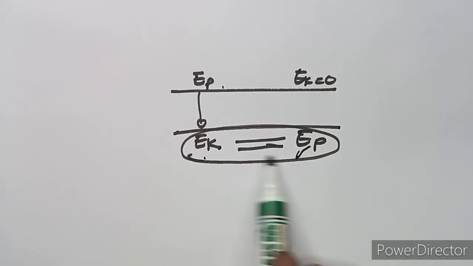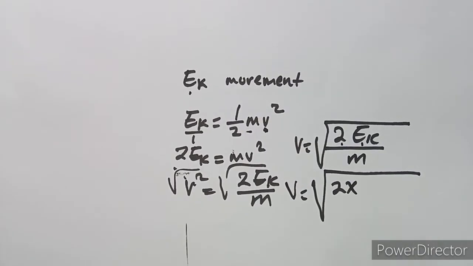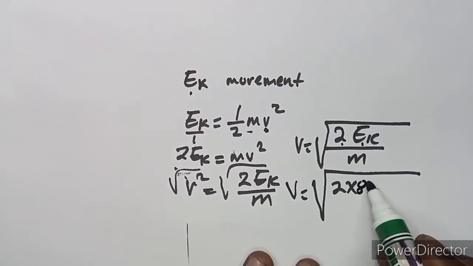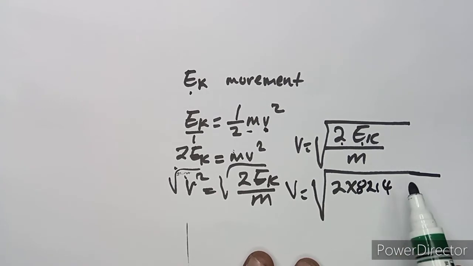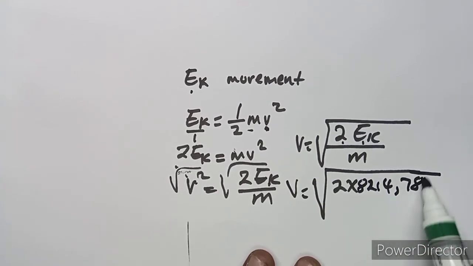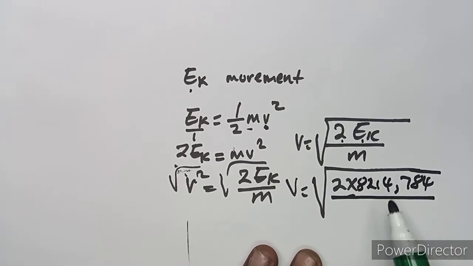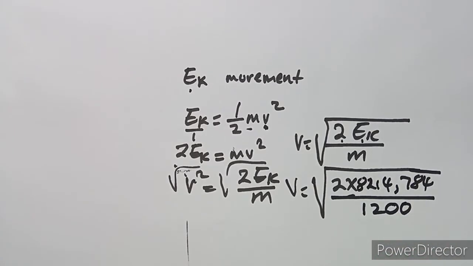The potential energy at top is equal to the kinetic energy. The potential energy at top will be the one that you're going to use as the kinetic, and the potential energy at the top is the one that we calculated on the first part. Remember, we obtained 8, the potential energy at the top, the one on the first item, it was 8214,784, like this, everything over the mass of 1200. Guys, remember the information that we had. Do not leave this information here.